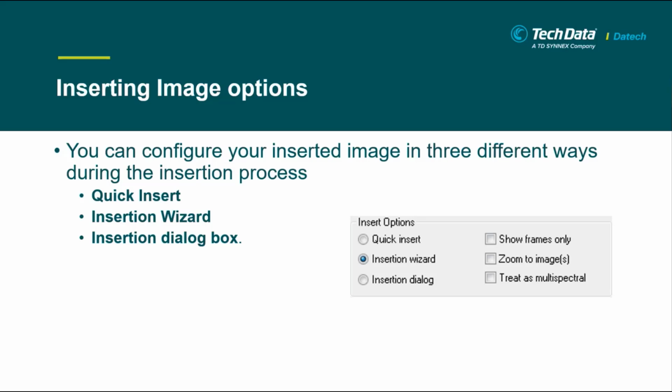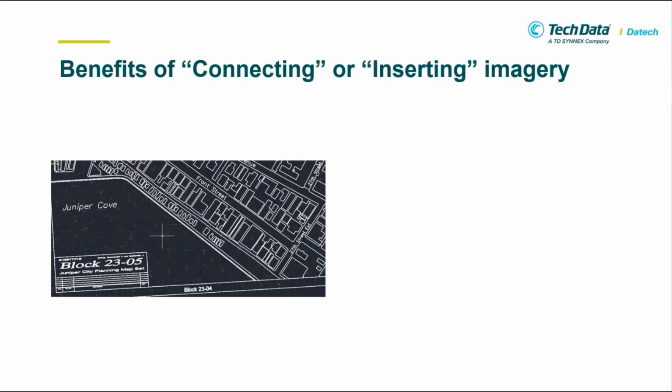So if you're new to this, it helps you process your entire insertion step by step. And the insertion dialog box is intermediate, for experienced users; it presents the insert options in a separate tool. So you'll have a different sort of window with a step by step process. You are able to insert any images and work in your designing.